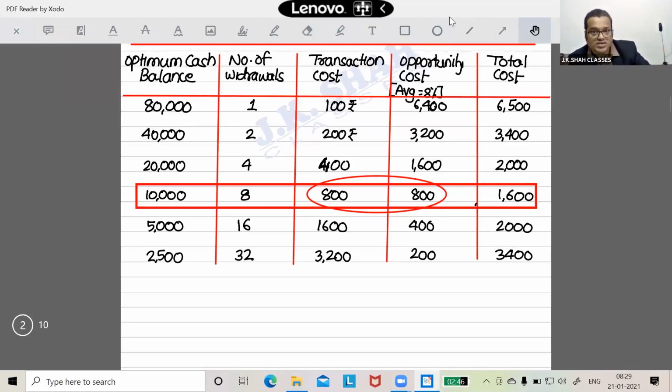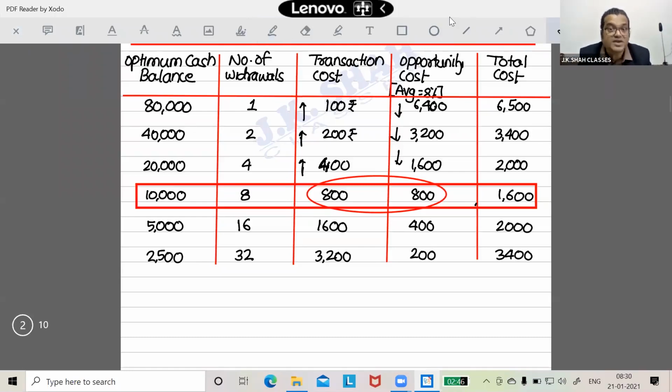One cost is constantly increasing, the other is constantly decreasing. Did you understand what I said? This is going down, down, down, and this is going up, but at this place it becomes equal. Correct?